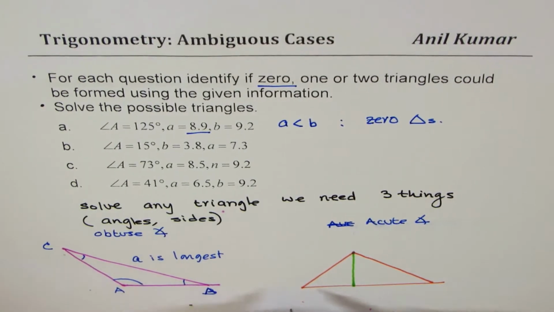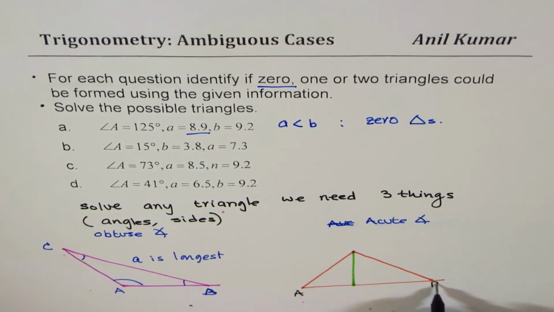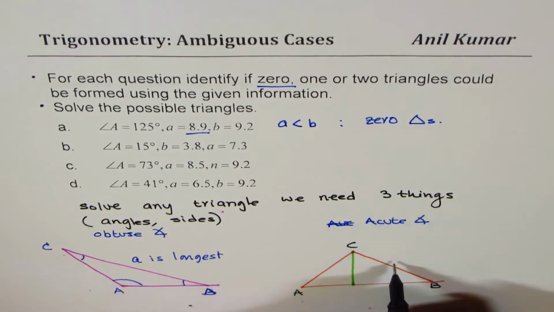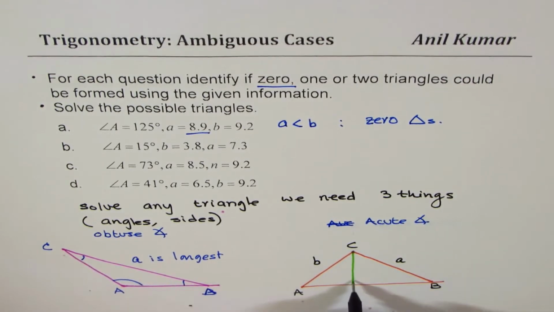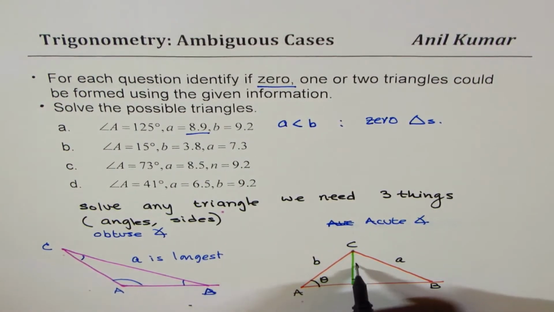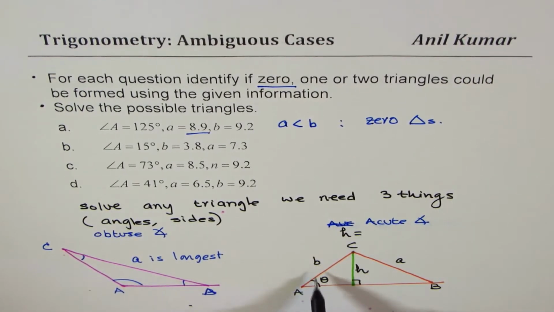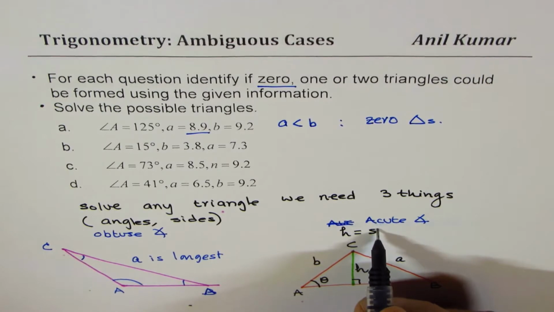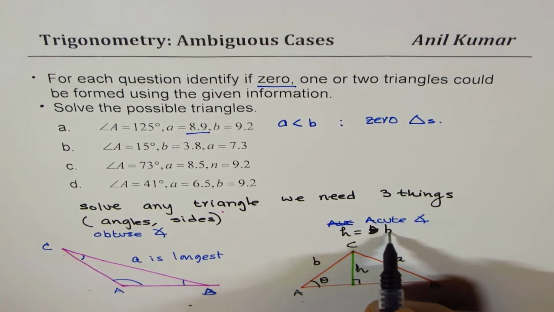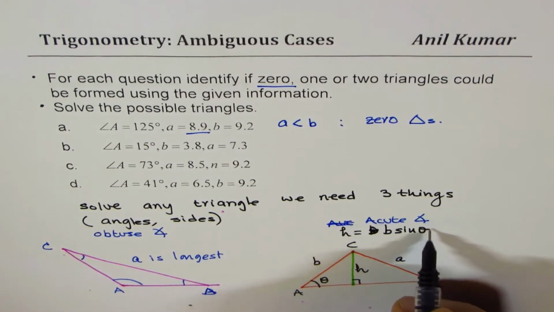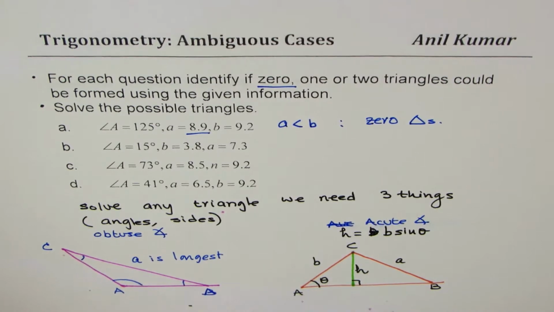So let me label this triangle also ABC. This side is A, that is B, that is an altitude. This angle, let's call this theta. In that case, height is equal to B sine theta, correct? So height is B sine theta.